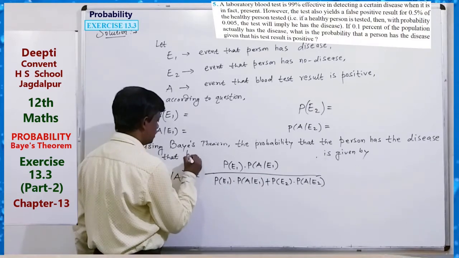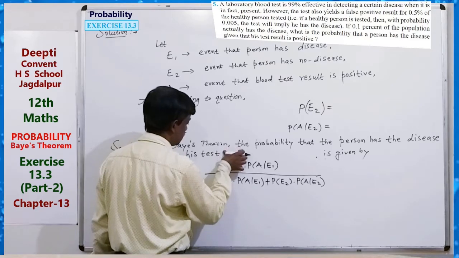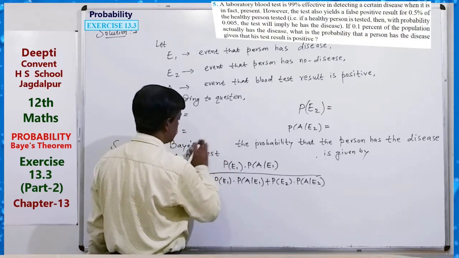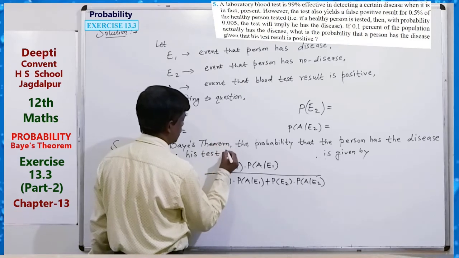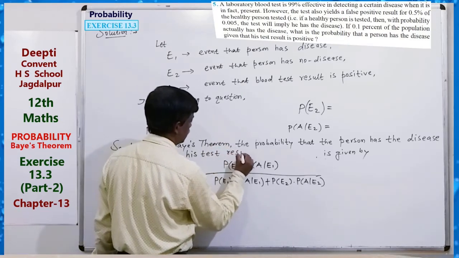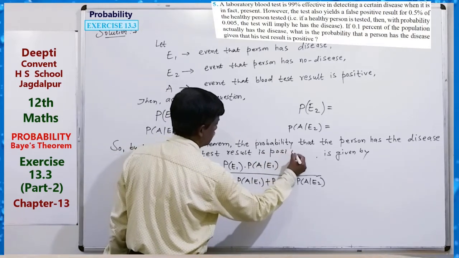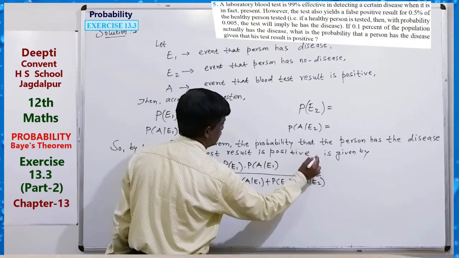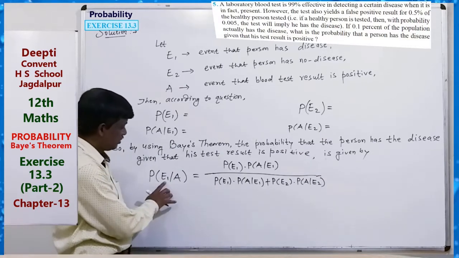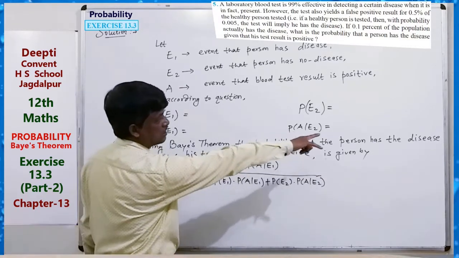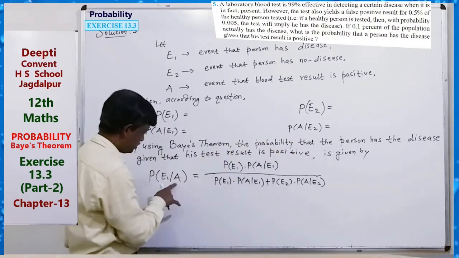By using Bayes' theorem, it is given by this formula: P(E1 given A).